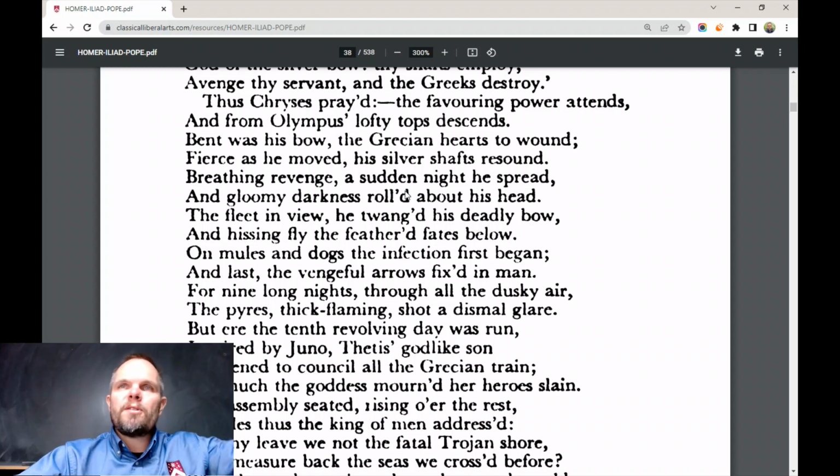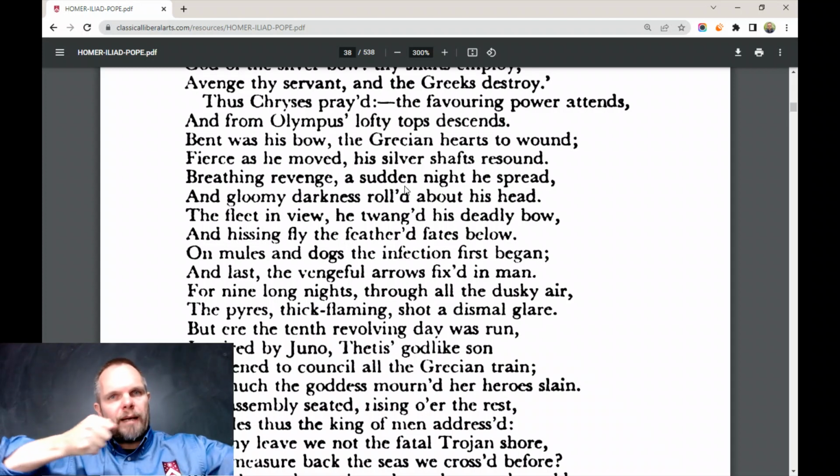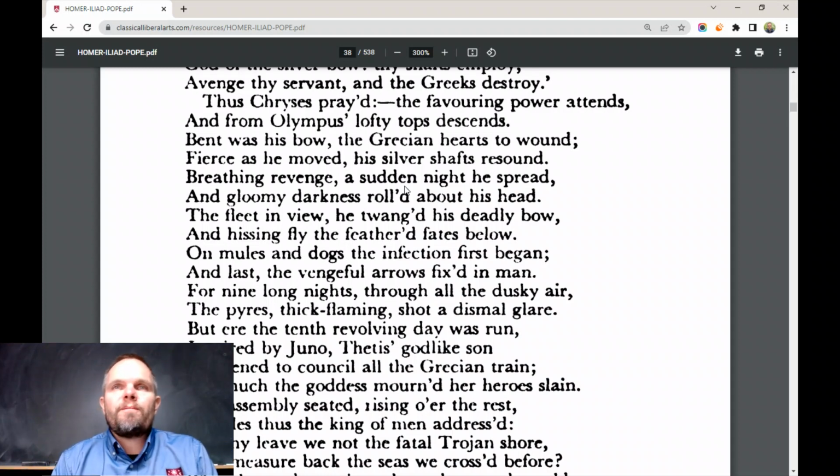From Olympus's lofty tops descends Apollo. Bent was his bow. That means that he had pulled back his arrow and he was ready to shoot. His bow was bent and ready to shoot. Bent was his bow, the Grecian hearts to wound. Grecian means Greek.